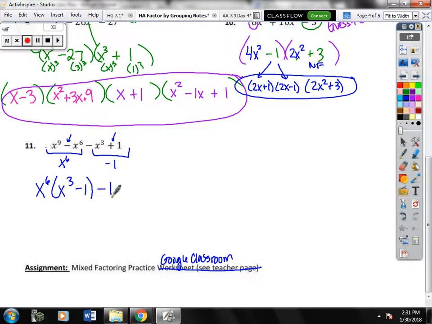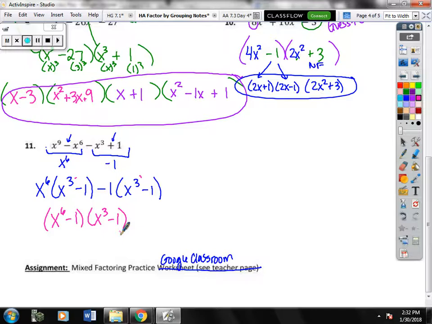Bring down our minus 1. And we've done our job correctly because we do have the exact same binomials, here and here. So we will factor this down into x to the 6th minus 1 and x to the 3rd minus 1.